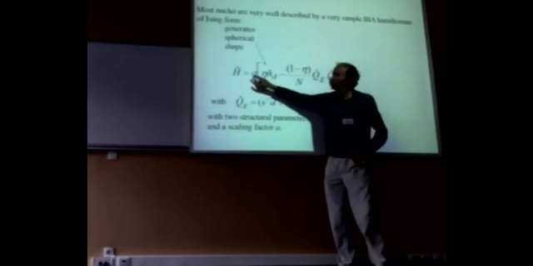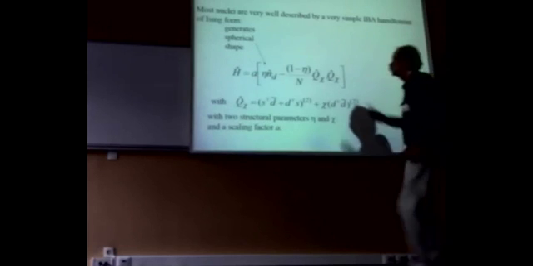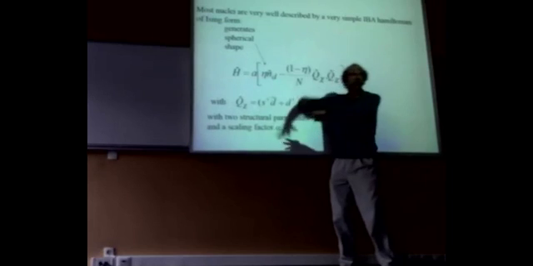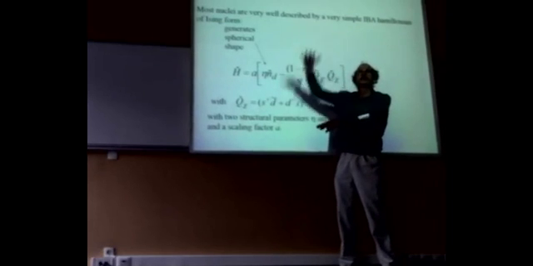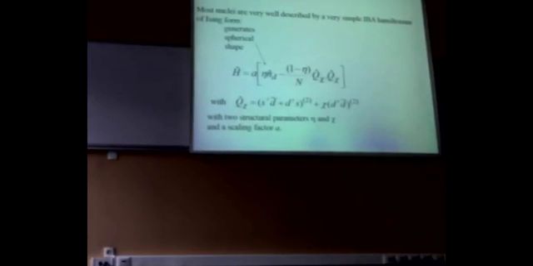And I have a scaling factor, so I can expand the spectrum in order to compare with actual nuclei. The structure of the spectrum is given by eta and chi, and the scaling factor is just an adaptation. So two structural parameters, eta and chi, and a scaling factor.